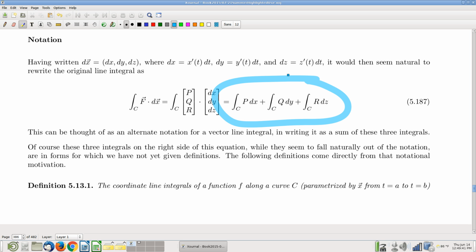And that's great. Integrals of differential forms look kind of like this. If you wanted to rewrite this as an integral of a differential form, it would look a lot like this. So there are great reasons to want to use this notation, but we are not going to see any of those great reasons in Math 12.